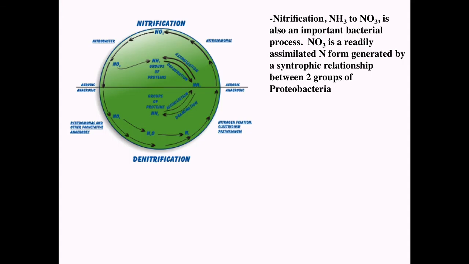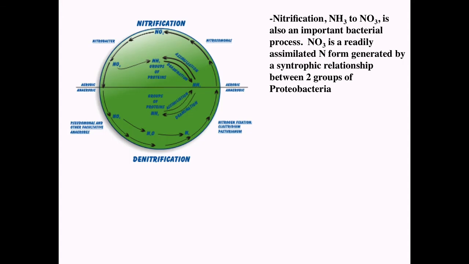This entire process, shown on the top, is by definition nitrification. NH3 to NO3. But that process, by the way, has to occur aerobically. All of the bacteria doing this are under aerobic or oxygen conditions.